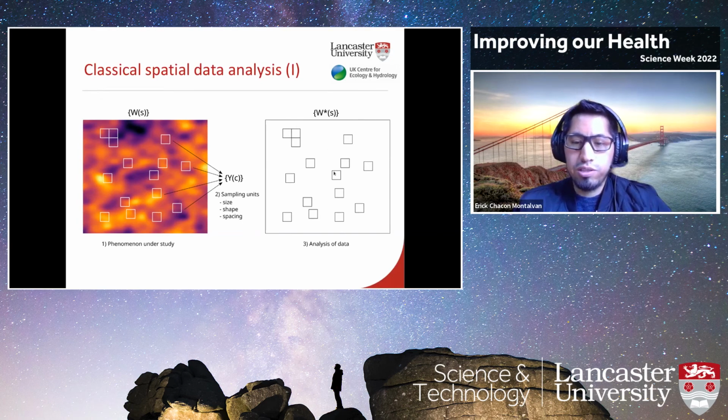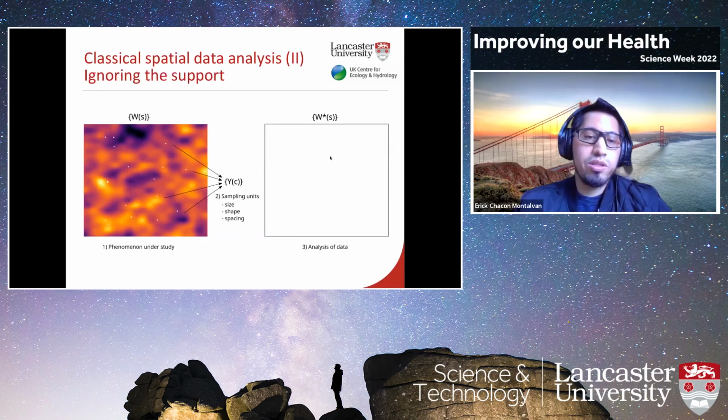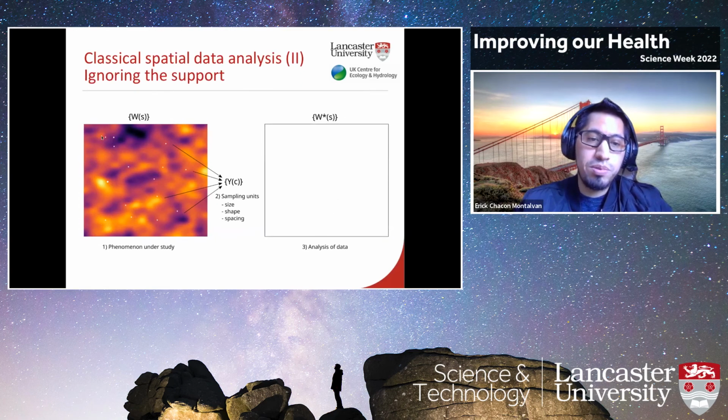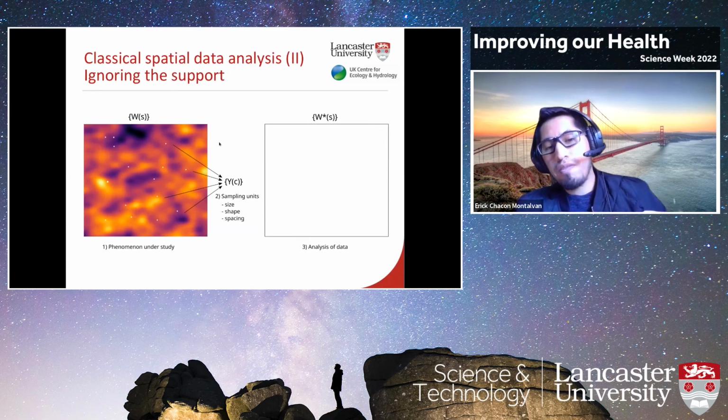Okay, so the second approach, quite common, is that instead of using the support like these previous white squares, they use just the centroid of these supports. So for example, I'm representing here just these points, and they assume that the information that they have is just about these particular places.